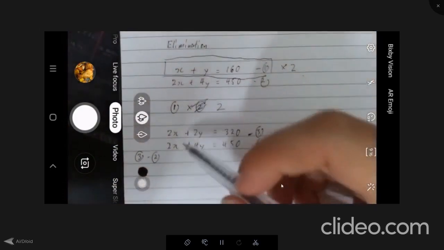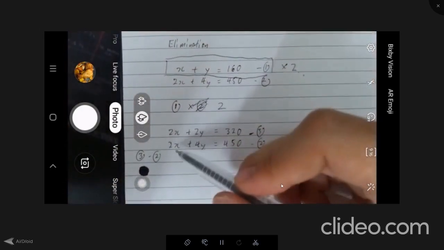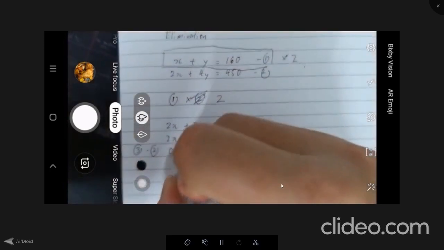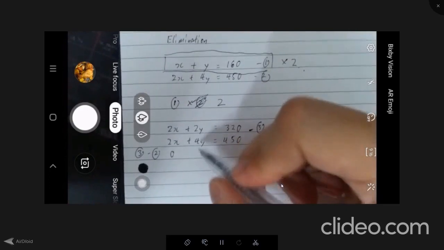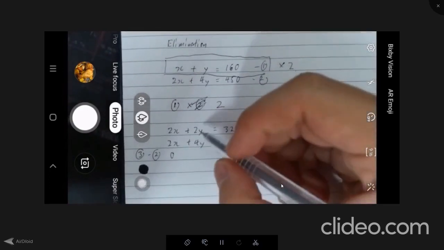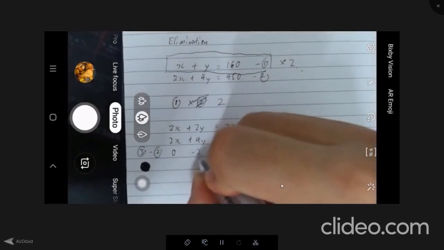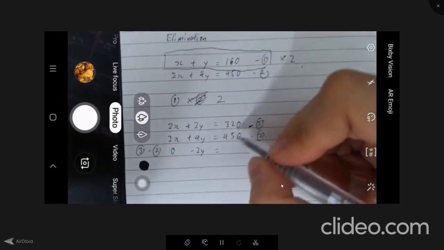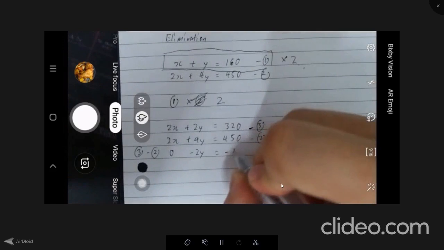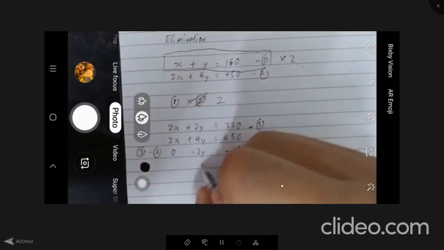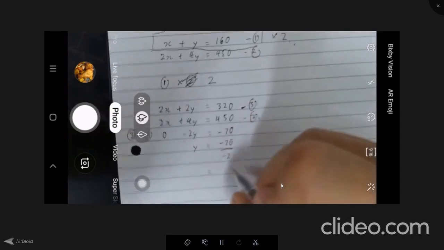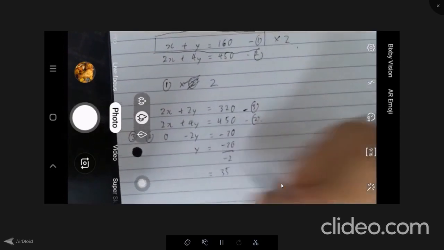The sole purpose is to get rid of each other. 2x minus 2x equals 0. Then 2y minus 4y, we get negative 2y. Similarly, 320 minus 450, we get negative 70. So y equals negative 70 divided by negative 2, the negatives cancel, 35.